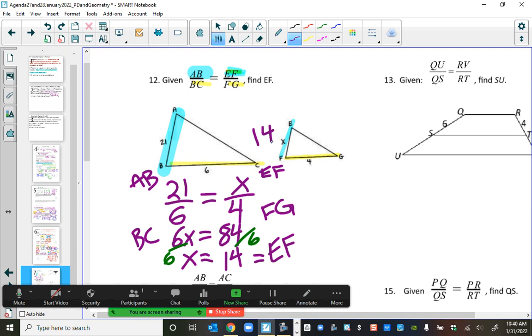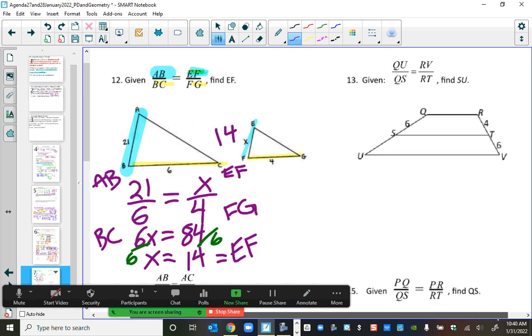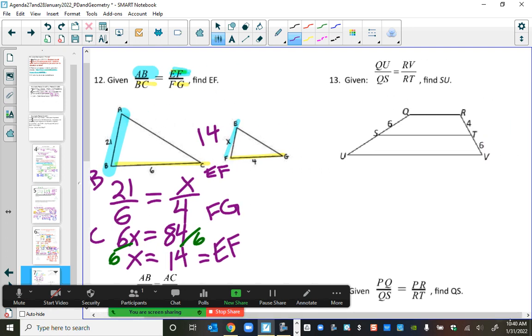Okay, the next one might be a little tricky. However, it's not so bad because we're going to do our labeling. All right. Oh, you know what? This was a mistake. Time out. Okay, this one's going to be a little different. We've got to do a little work to this.